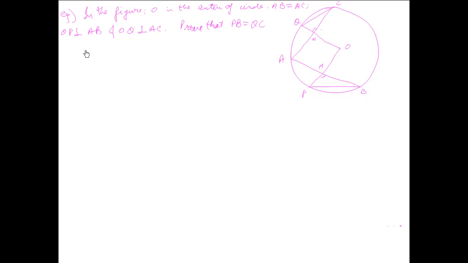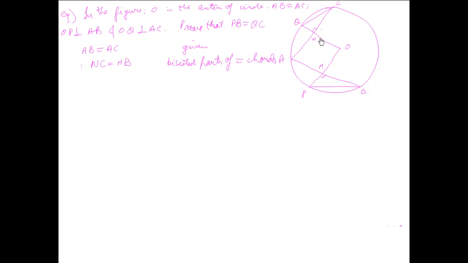So children, we begin by writing that AB equal to AC given. Therefore, NC equals MB, and this is by bisected parts of equal chords.